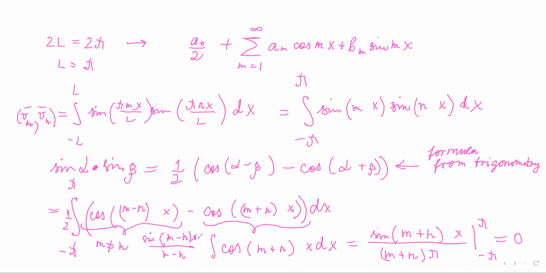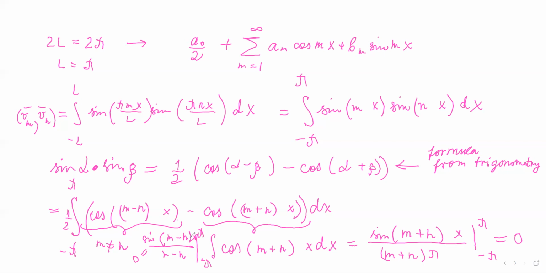And if I plug in pi here and negative pi here, the difference of two natural numbers is going to be an integer, like 2 minus 3, for example, that's minus 1, but minus 1 pi is still going to be 0. So all of these are going to be zeros too when I do substitution of minus pi and pi.